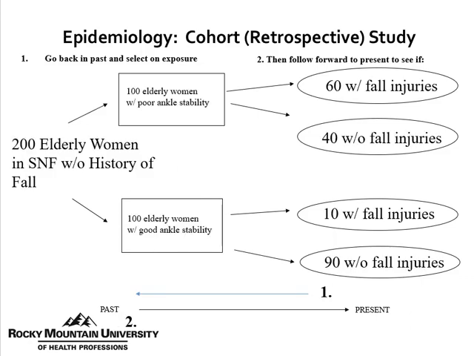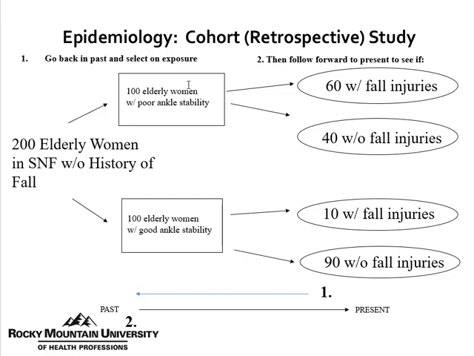So here's an example. You work at a skilled nursing facility, and you recognize lately there have been a lot of falls. You don't know this information yet. You don't know the percentages. What you do know is that when people are admitted to your skilled nursing facility, you do a test to look at ankle stability.